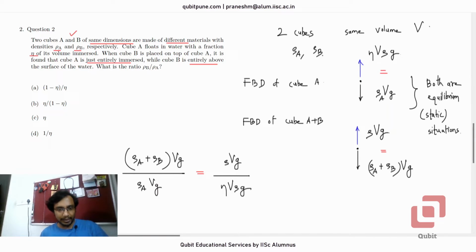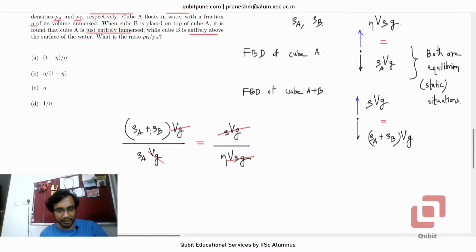Okay, now look at the terms that will get cancelled. Rho Vg entirely gets cancelled. So all we know is these two densities are smaller than that of water. Okay, even on this side, Vg will get cancelled. Now we can split, okay, the numerator on LHS.